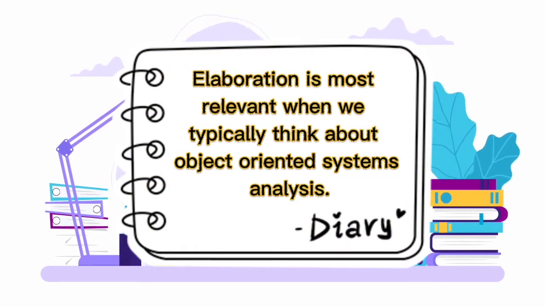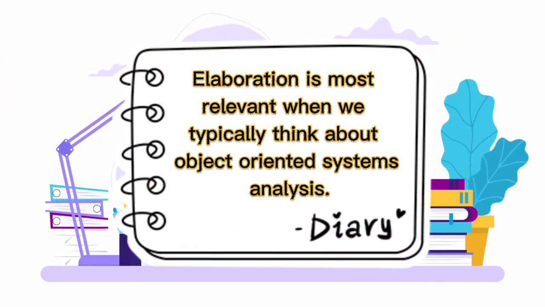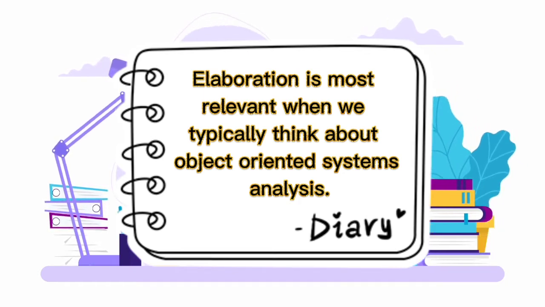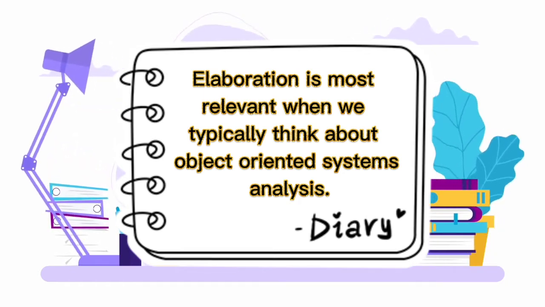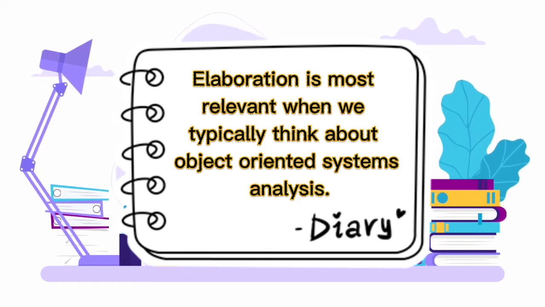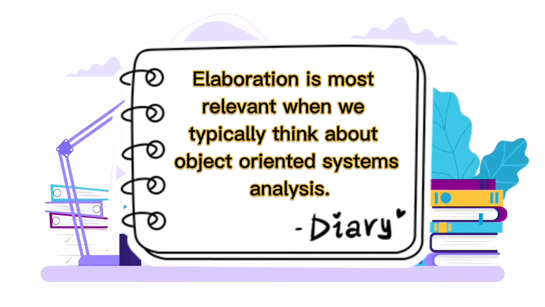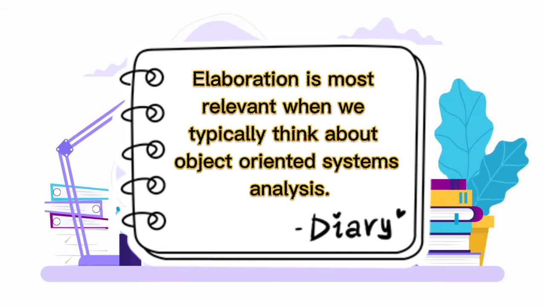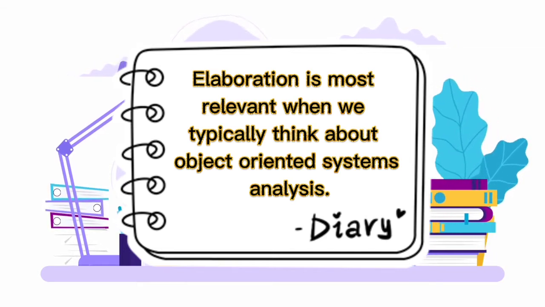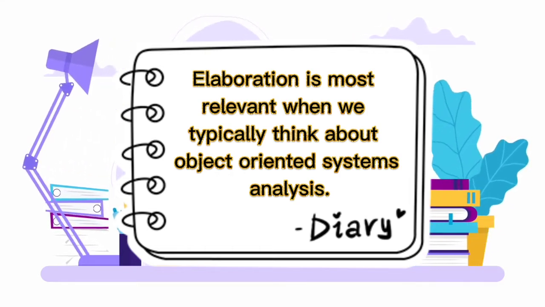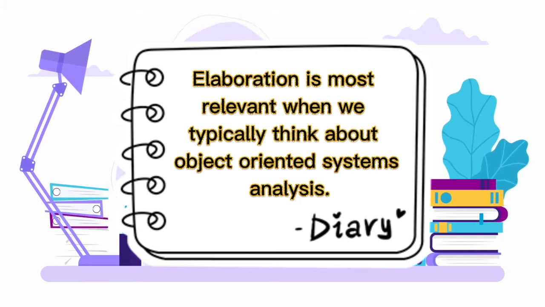Number 2 is the elaboration. When we typically think about object-oriented system analysis and design, the activities related to the elaboration phase of the unified process are more relevant. The analysis and design workflows are the primary focus during this phase.